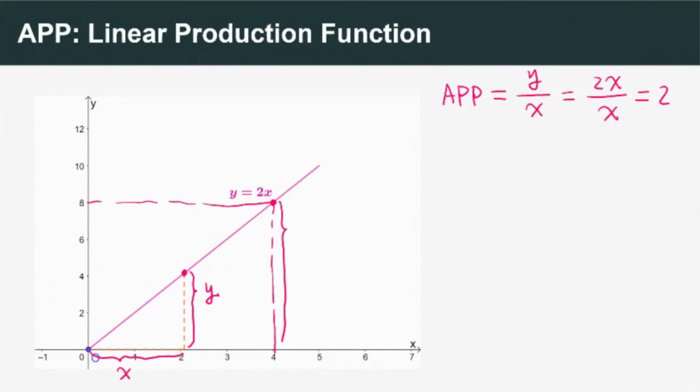Here its APP is, let's call it y prime over x prime. So you can find that its APP is equal to 8 over 4. It's again 2. So if you take any point on this linear function, you will find that APP equals 2. That is just a property of the linear production function.